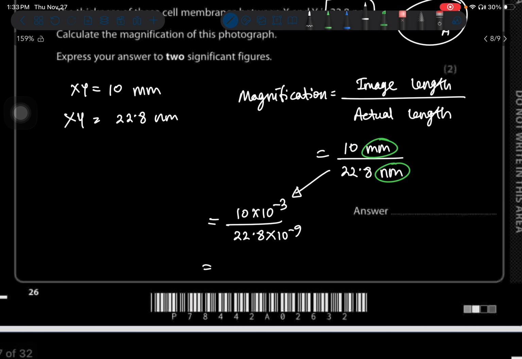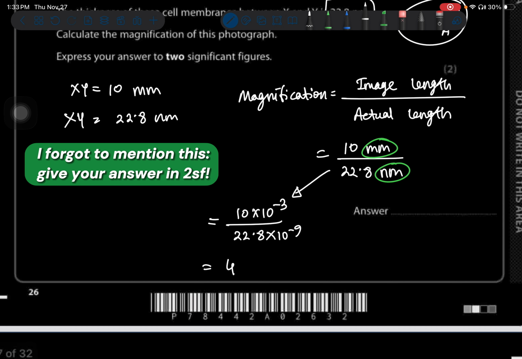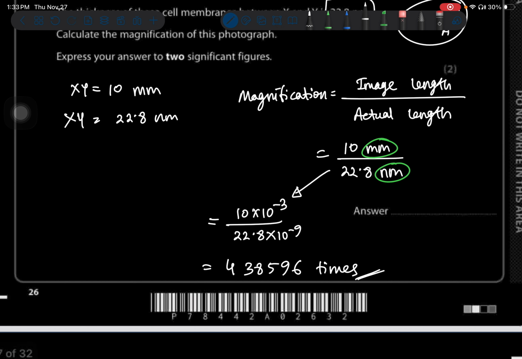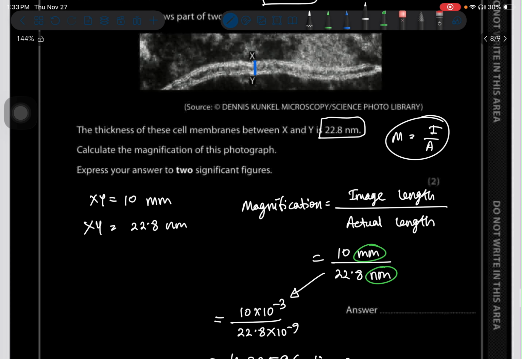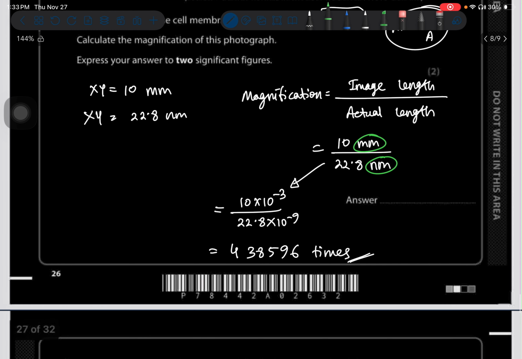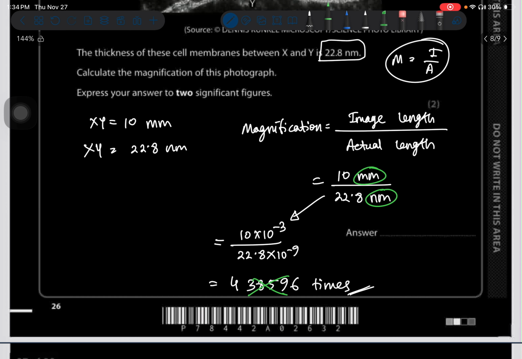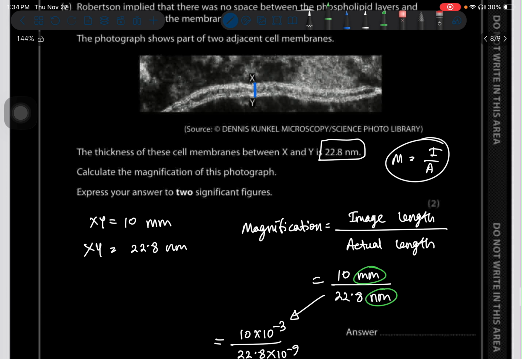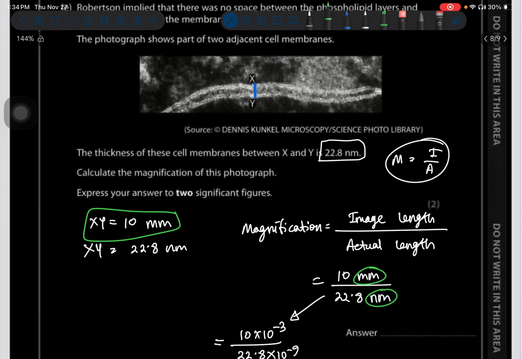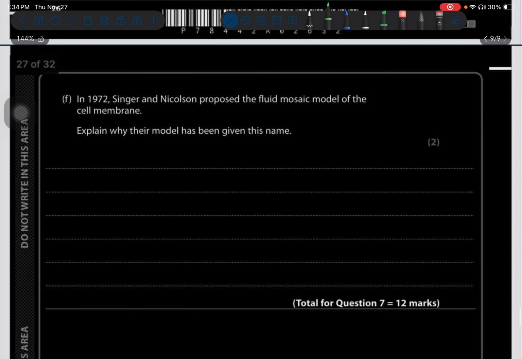Let's put that in our calculators, and we get 438,596 times, because magnification is given in times. You'll have to measure this length yourself and then write the correct answer. This is not the correct answer. I just used this length to show you how to do it. Okay, on to the next one.